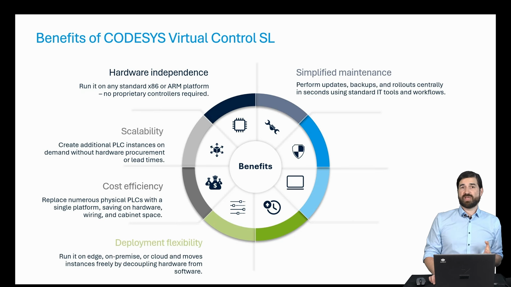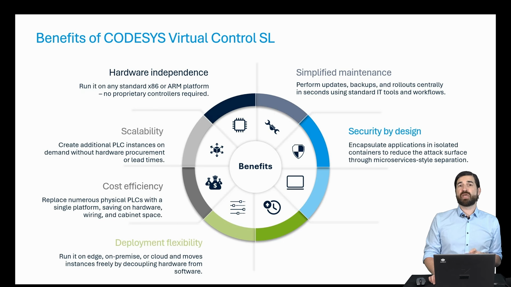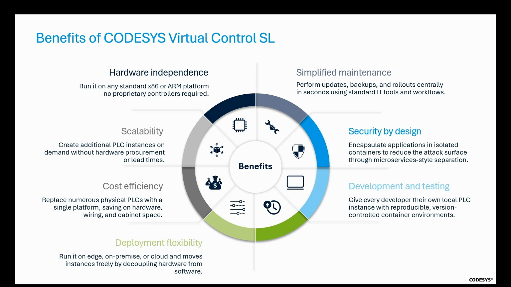And on the operation side, you have simplified maintenance, security by container-based design, and an improved tooling for your development team. Plus, fewer devices, less wiring, container-based workflows. So it all adds up to a fundamentally more efficient way to run industrial control.